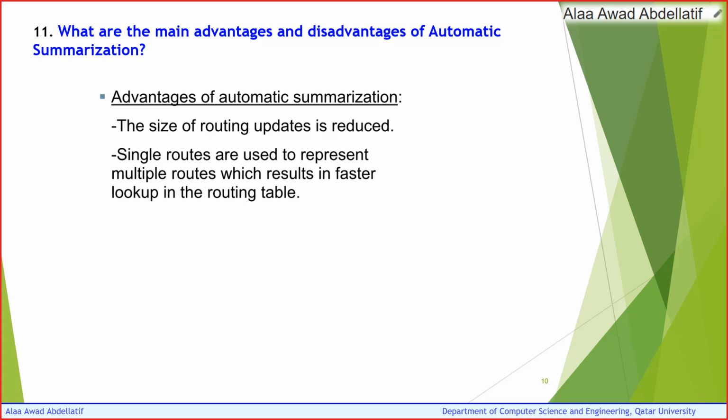So a single route can be used to represent multiple routes, which results in faster lookup in the routing tables. So by this summarization, we reduce the routing table size and make searching inside the routing table faster. As advantages: the size of the routing update is reduced, the size of the routing table is reduced, and a single route is used to represent multiple routes, which results in faster searching inside the routing table.